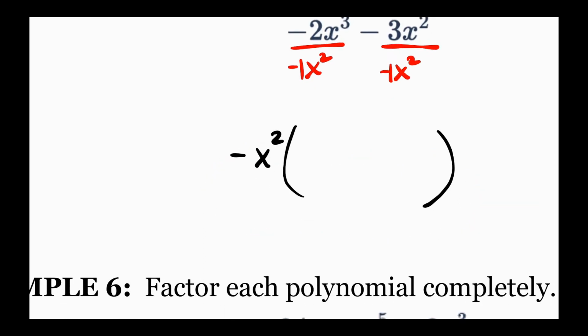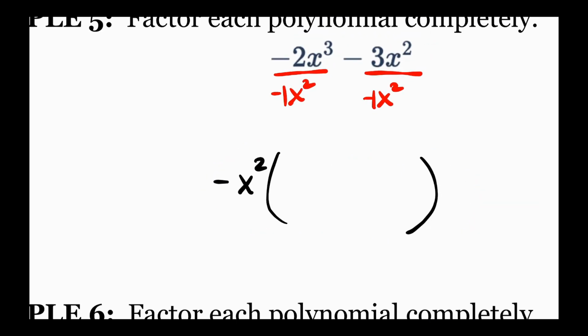Okay. So negative 1 divided by negative 2 makes positive 2. How many x's am I left with? Good. Negative 3 divided by negative 1 is what? Positive 3. No more x's, right? I took them all away.